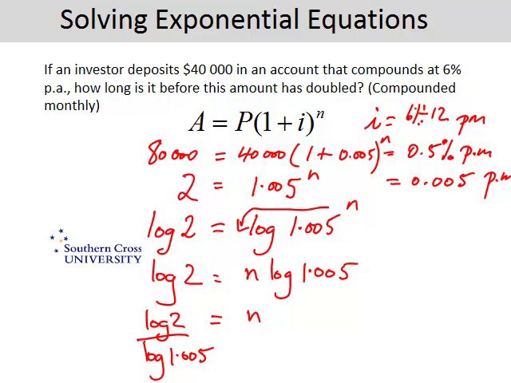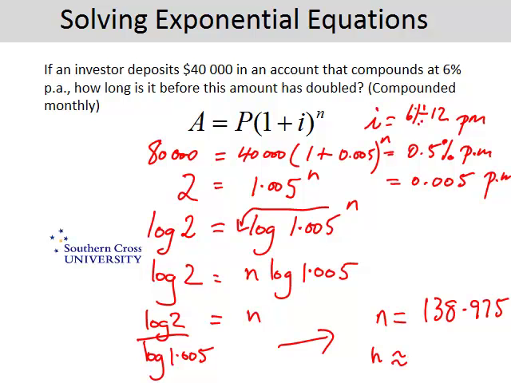Because I've run out of space, I'll come over here. So now n is equal to, if you do that on your calculator, log 2 divided by log 1.005, you'll get 138.975.